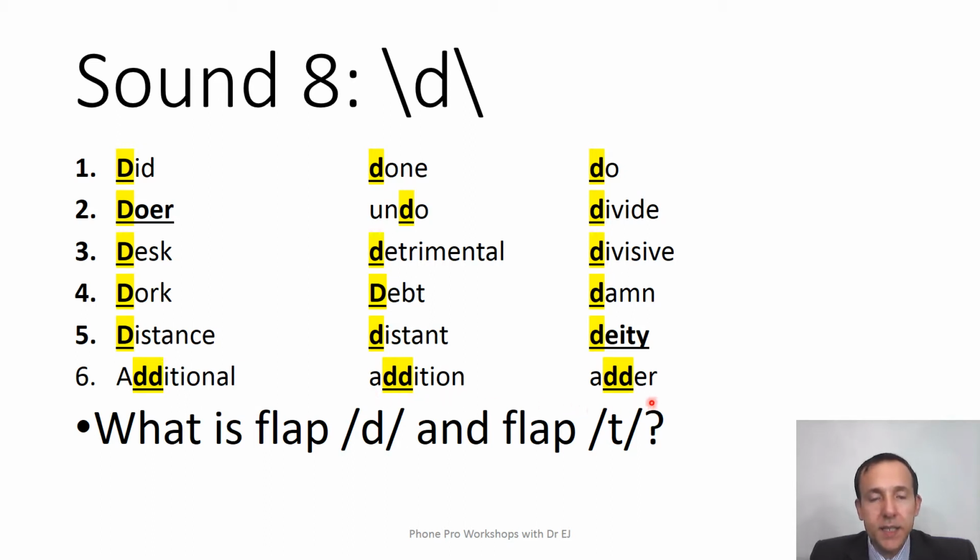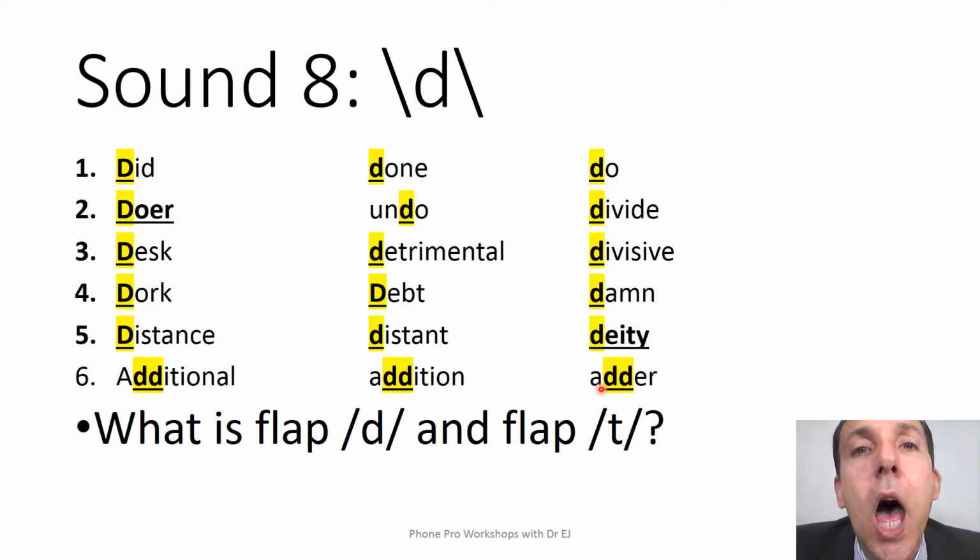Now this one you can say adder, but it's very common in the United States of America to say adder. The reason this happens is because here we have a phonetic instance of what we call flap T or flap D. So just to emphasize the pronunciation of this word and flap D, we say adder, adder.